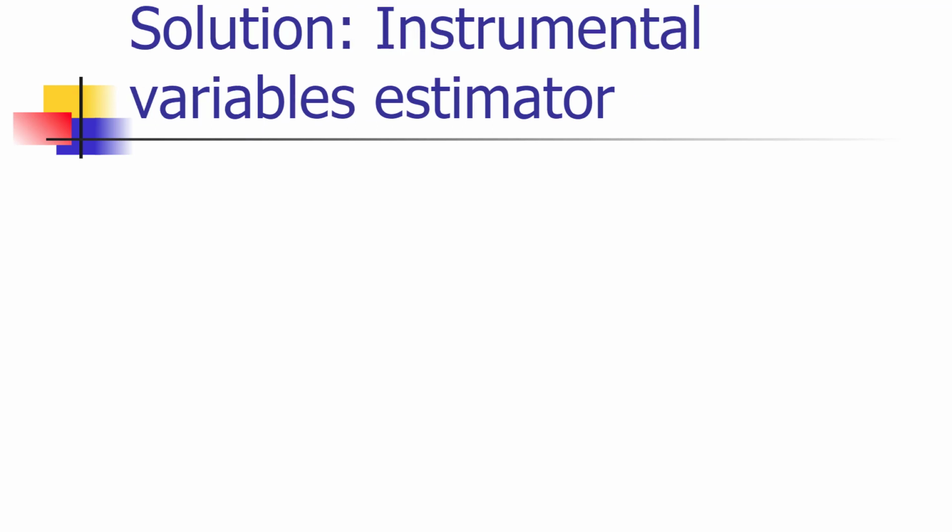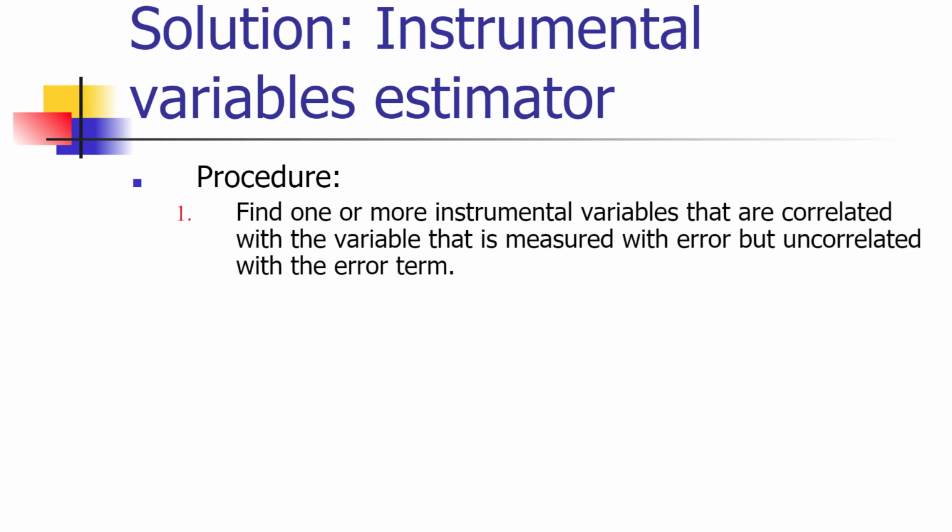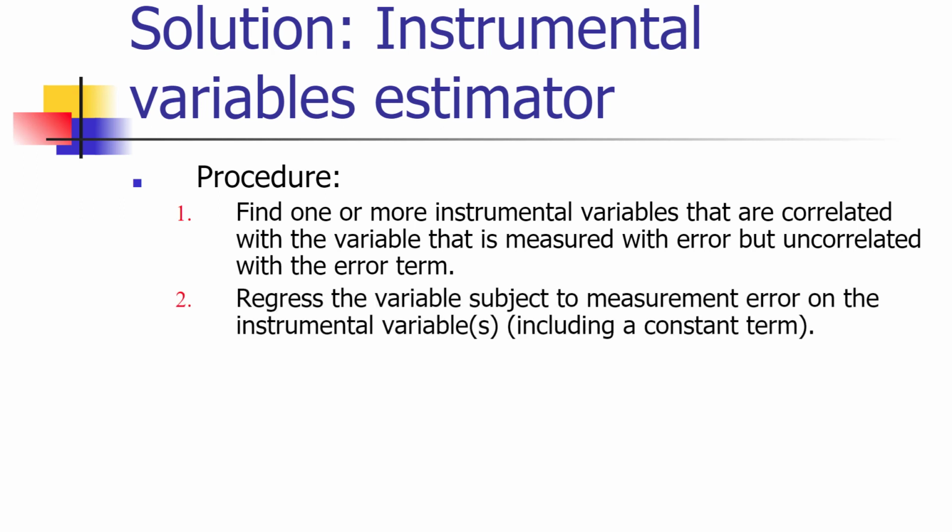The solution that we normally recommend when possible is to use something called an instrumental variables estimator. The procedure that we use is we try to find one or more variables, we call them instrumental variables, that are correlated with the variable that has measurement error, but that are uncorrelated with the error term. We then take the independent variable that's measured with error, and we regress that on the set of instrumental variables, including a constant term in that regression.